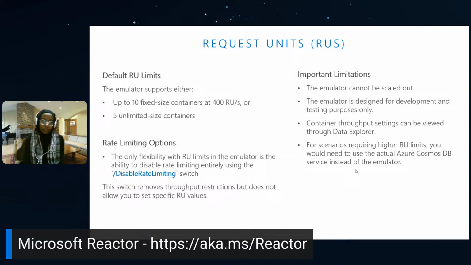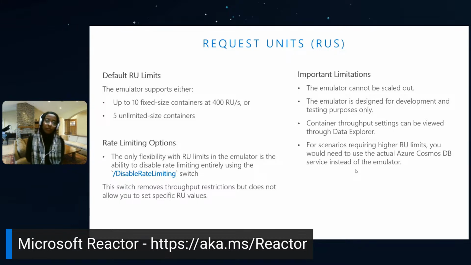That's what you can use in your emulator. But if I need some rate limiting options, I have the disable rate limiting switch that I can use. This switch will remove the throughput restrictions, but it doesn't allow you to set specific RU values. There are some important limitations that we need to know: the emulator cannot be scaled out.